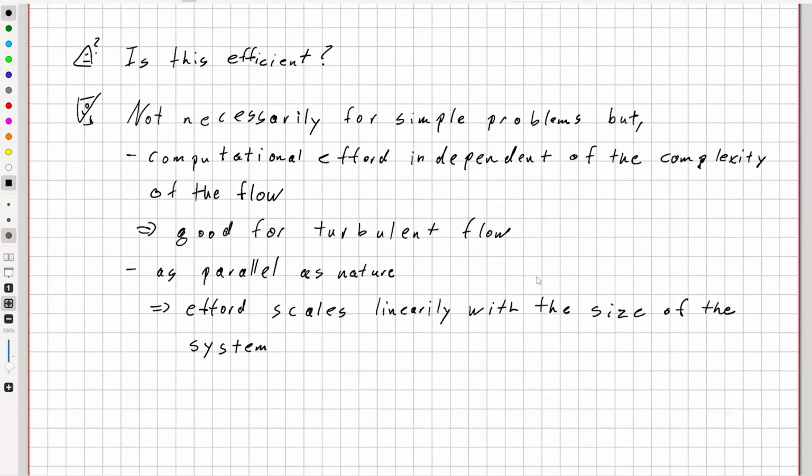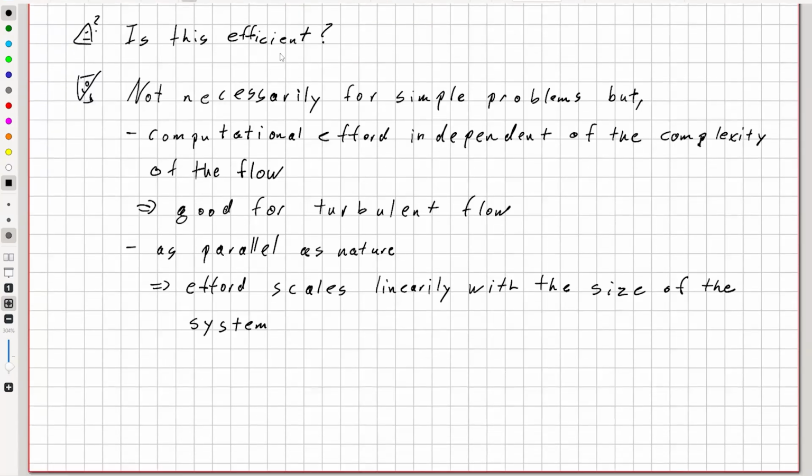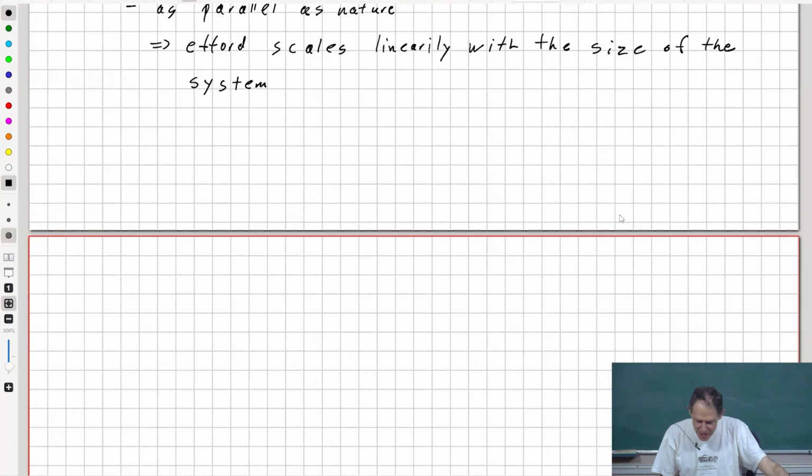And just a little bit of theory. What is the difference between this way of doing simulations and more iterative ways of doing simulations?